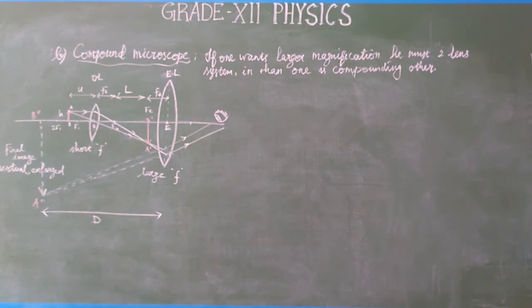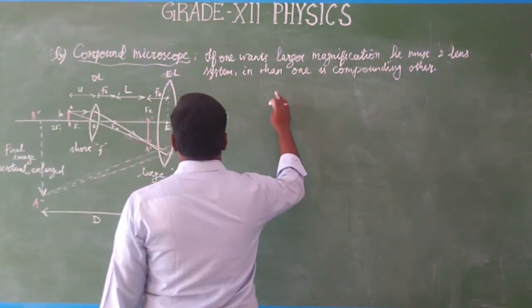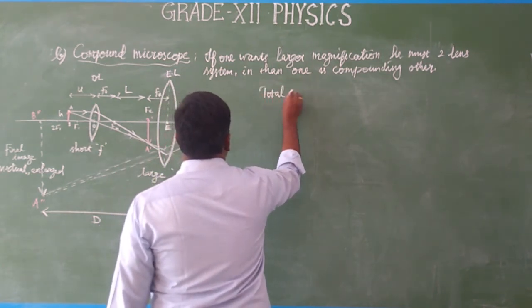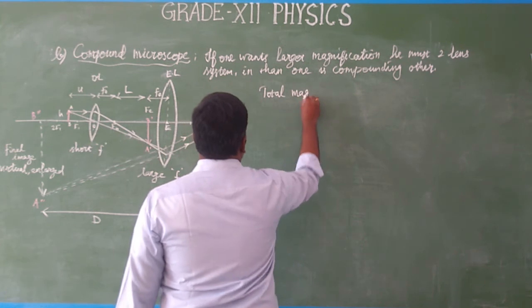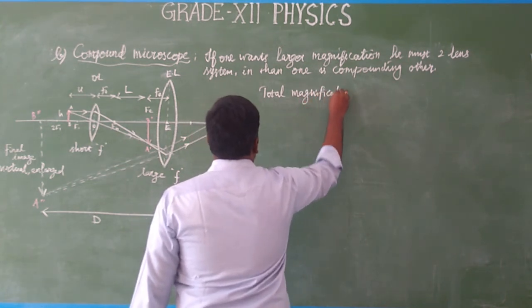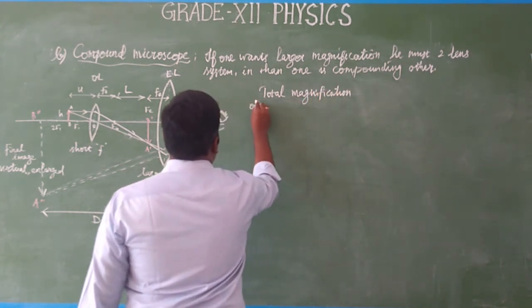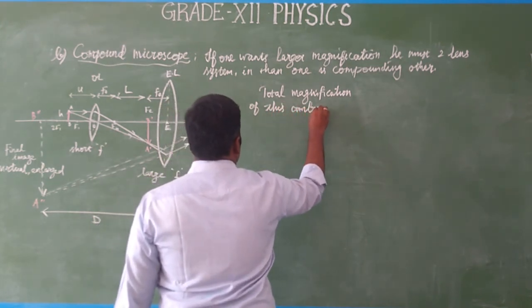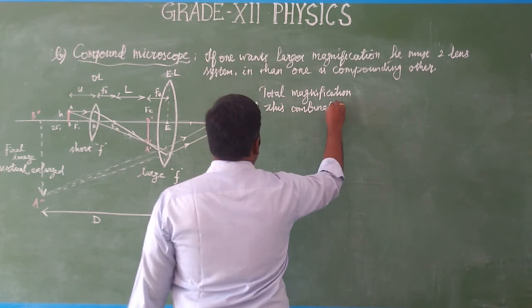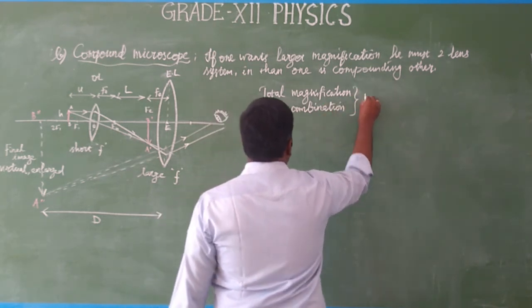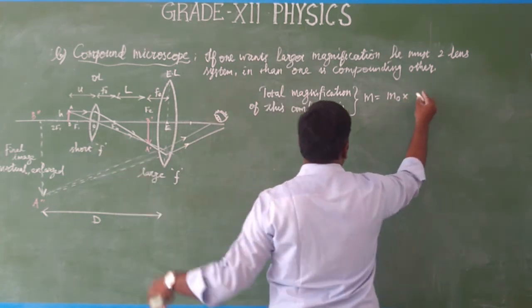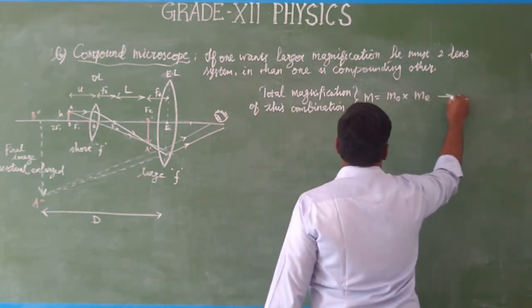Here we are going to find the magnifications. The total magnification of this combination is the product of the magnification of the objective lens and the eye lens.